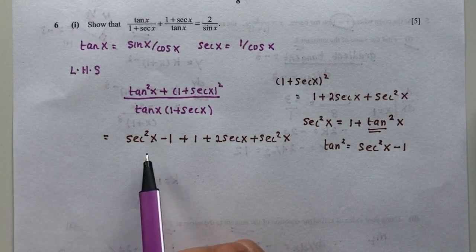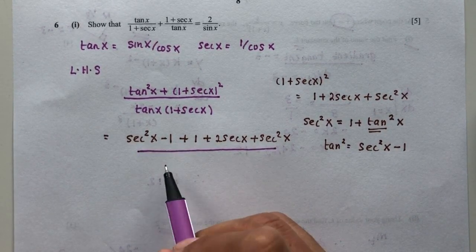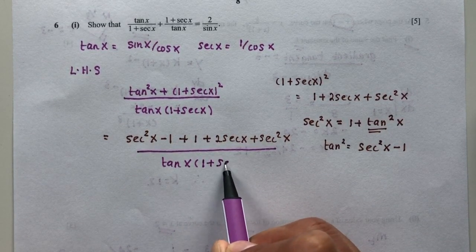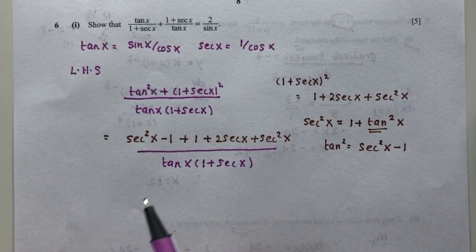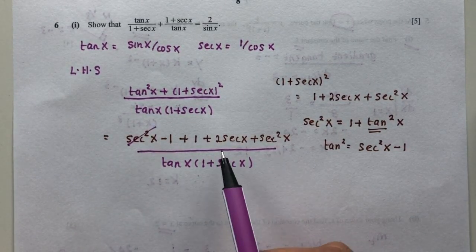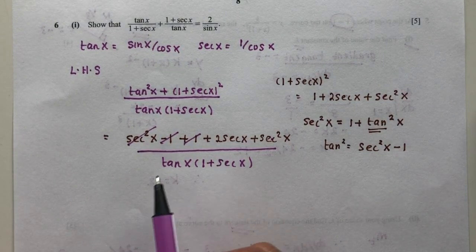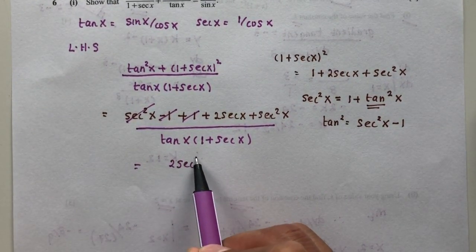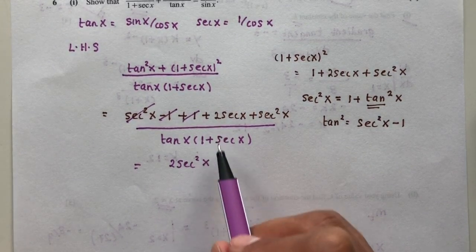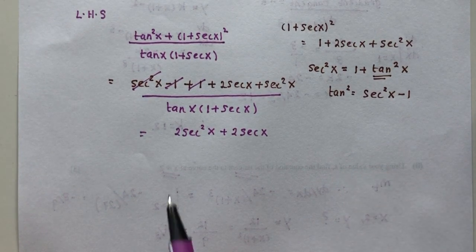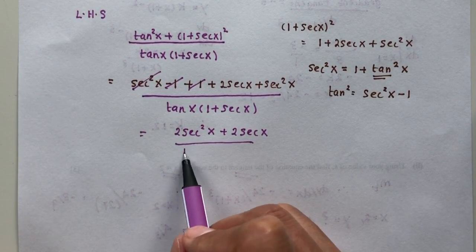That's the top, and the bottom remains the same: tan x times (1 plus sec x). Now if you observe, this minus 1 plus this 1 will be 0, so they cancel out. If you simplify, that becomes 2 sec squared x plus 2 sec x, and the base remains the same.